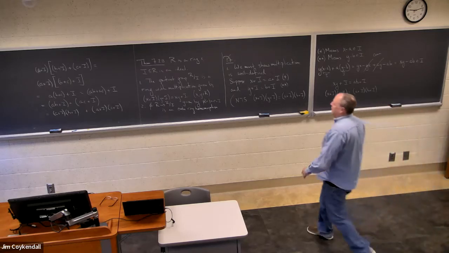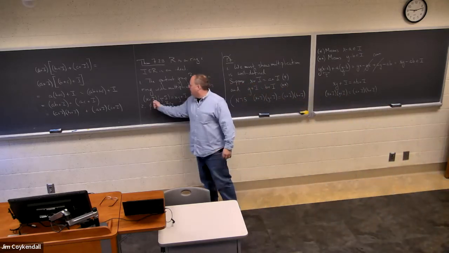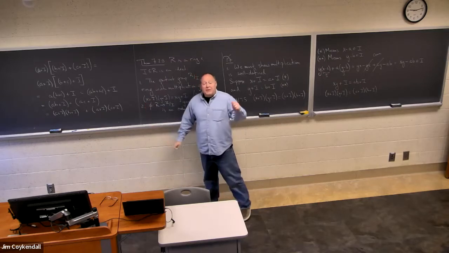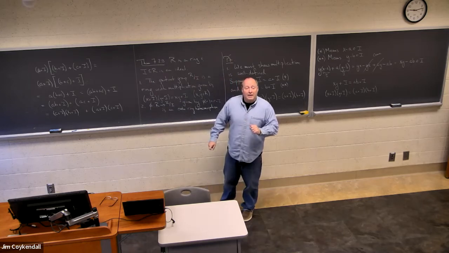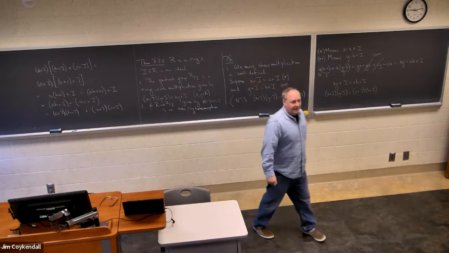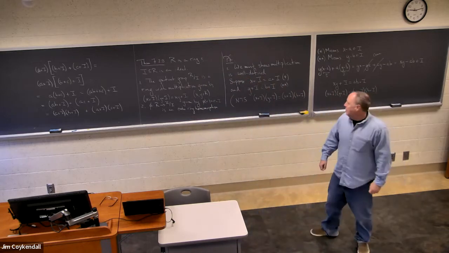Anybody guess what is the coset X plus I that leaves everything alone when you multiply? What's the identity coset, you suppose? Well, that's the additive identity. What are you supposed to multiply by for the multiplicative identity?